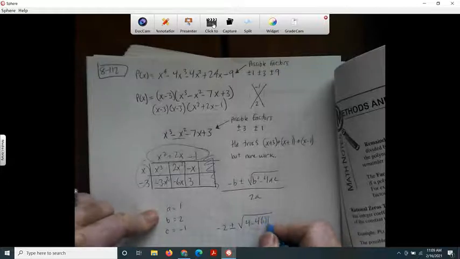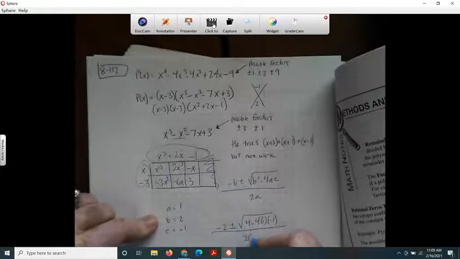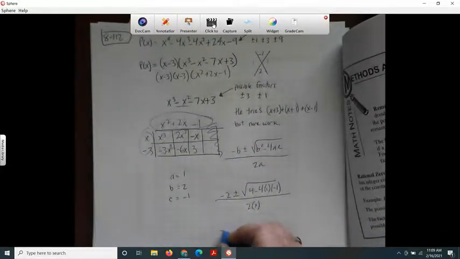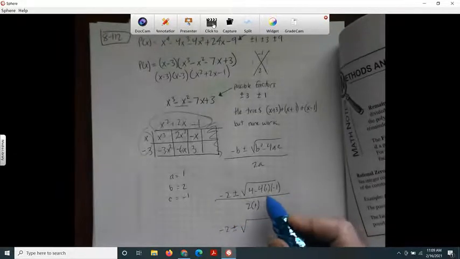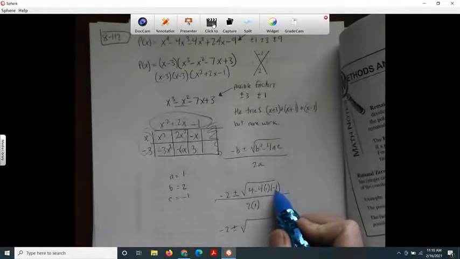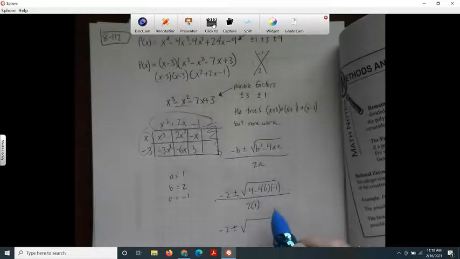Okay, so that's -2 plus or minus square root. Well, -4 times 1 times -1, that's going to end up being +4. And 4 plus 4 is 8. So this will be 8 inside here. And this will be a 2 down here. And 8, I can rewrite as square root 4 times square root 2.